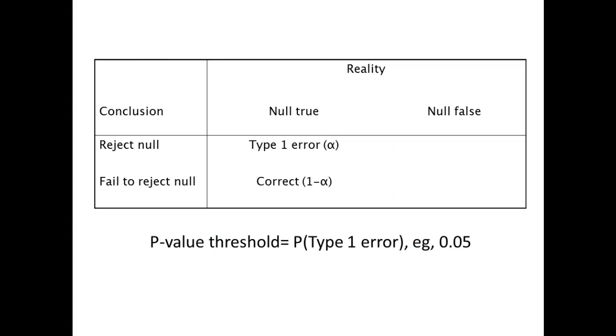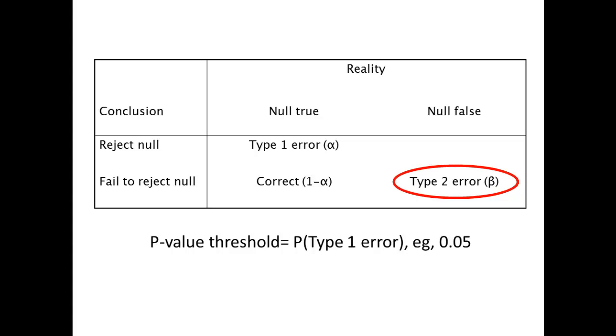The complement is that we correctly fail to reject the null when it's true, and that's equal to 1 minus alpha, or 1 minus the probability of a type 1 error. We may also fail to reject the null when it's actually false. We call this a type 2 error, and the probability of that happening is denoted by the letter beta.